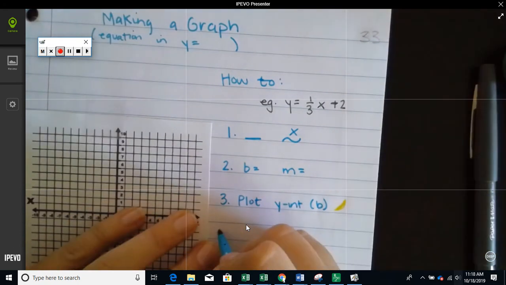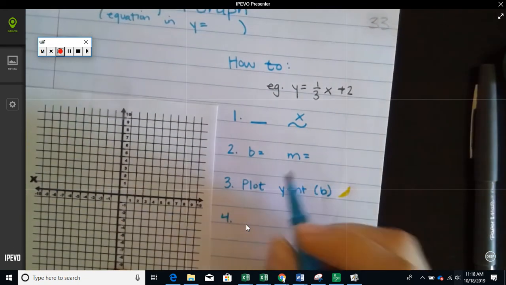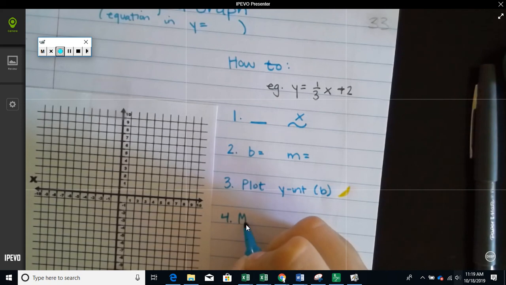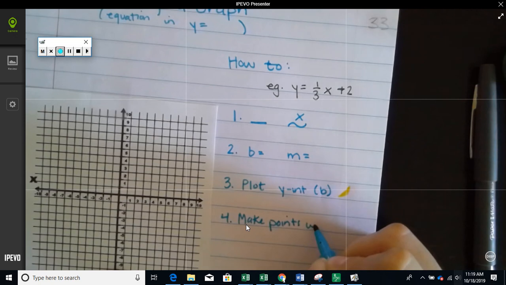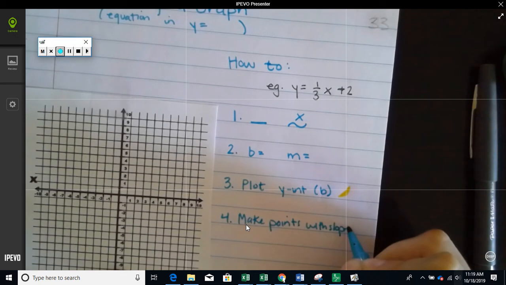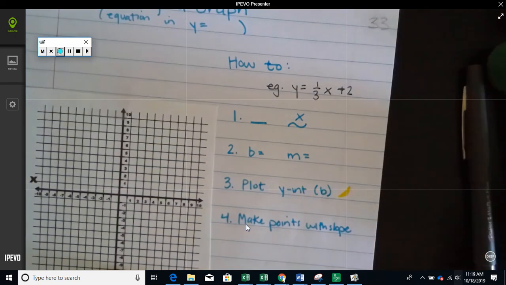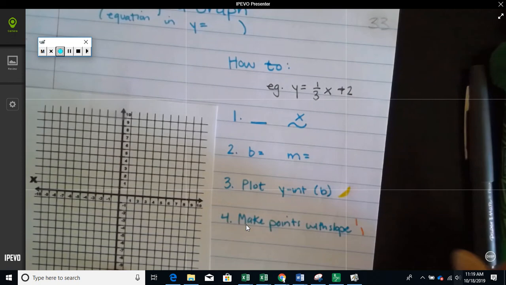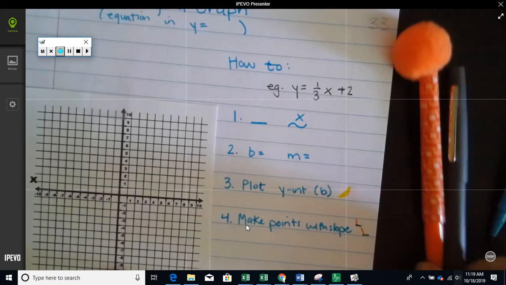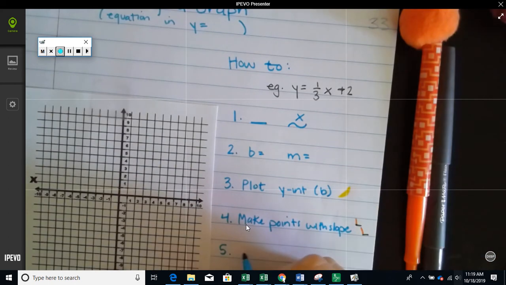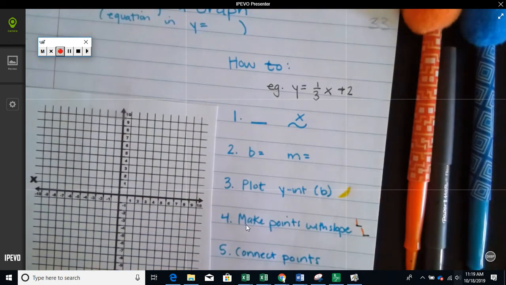Step 4, you're going to make the rest of the points with the slope. And then the last step is you connect the points. And that's how you make your graph. Those are the 5 steps.